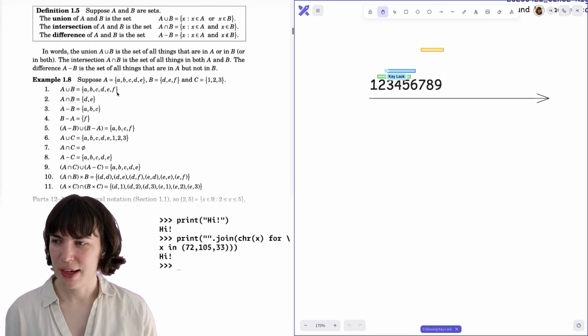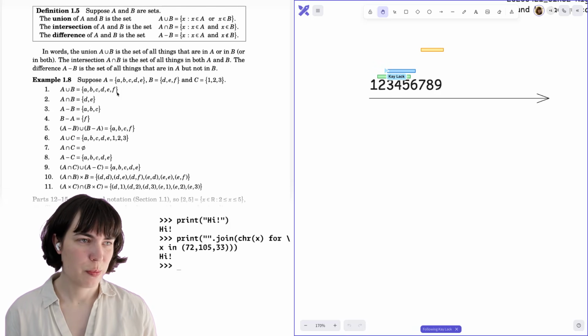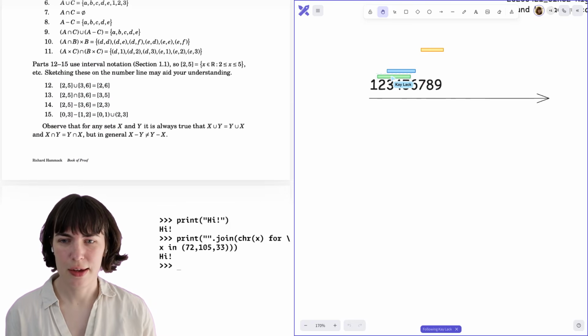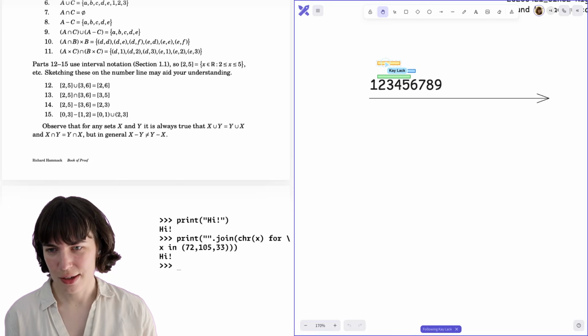So the difference is defined as everything that's in A and is not in B. So everything that's in A, that's this, that's not in B, should get us this kind of area, I think, which is 2 to 3.